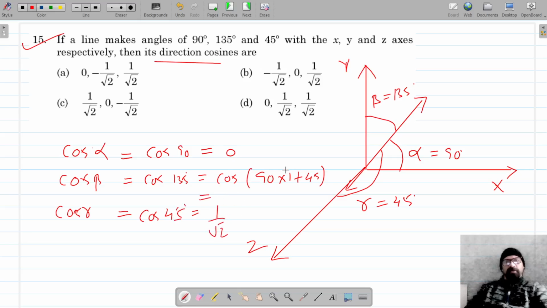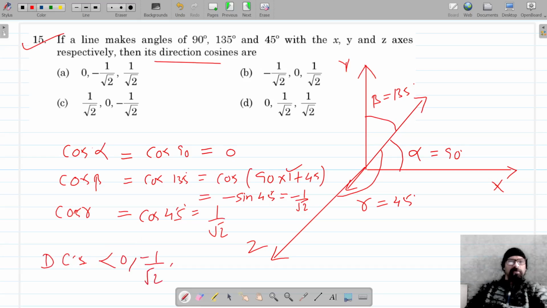Now cos of 90 times 1 plus 45: 1 means change, so cos changes to sine. We are in the second quadrant, so it's negative sine 45, which is equal to negative 1 by root 2. So the direction cosines are 0, negative 1 by root 2, and 1 by root 2, which is option A.